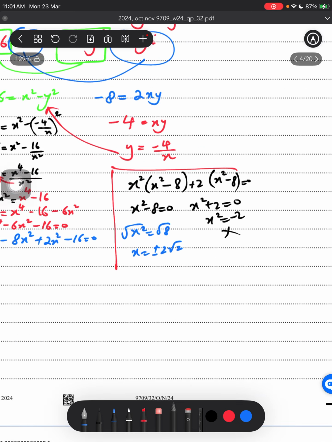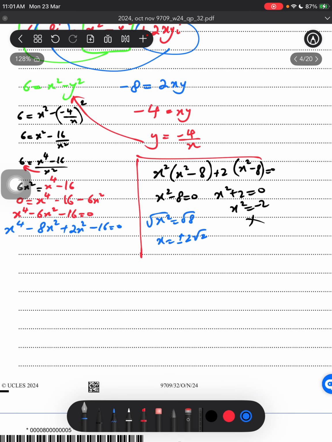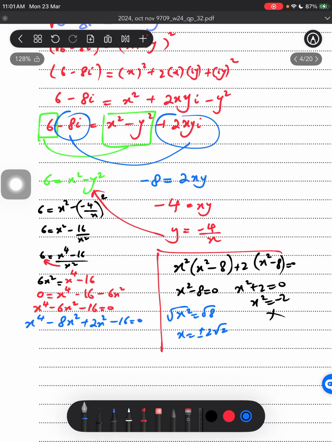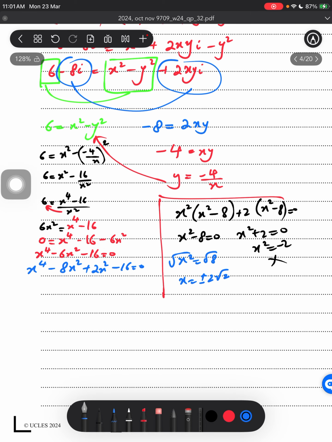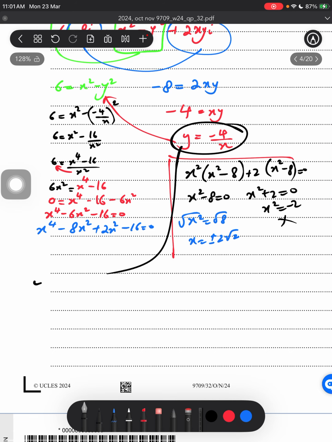Okay. So what value do we have for y? This was the equation for y. Y equals minus 4 over x, and we have two values of x. One is positive and negative.